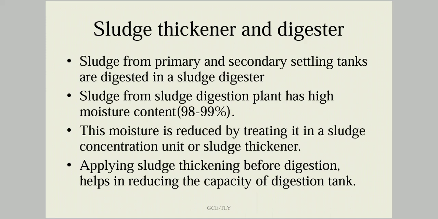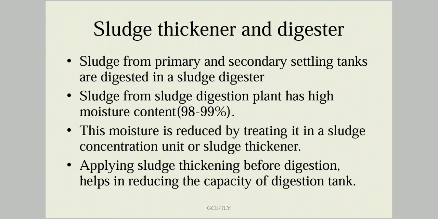So we need to remove the moisture so as to reduce the volume or capacity of the treatment components. In order to reduce that, we need to thicken it first. So first we introduce it into a sludge thickener, where the water is removed and we get thickened sludge, and this thickened sludge is then taken into the digestion tank for further reduction.